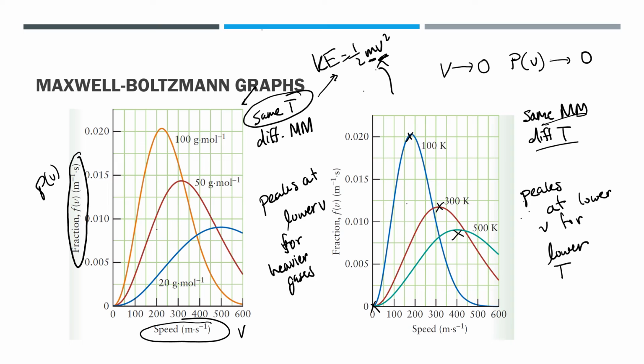And the other thing to notice is that as velocity goes to infinity, we can see that probability density goes to 0 really fast, right? In both the graphs, you can see they're essentially like 0 at 600 meters per second or something like that.